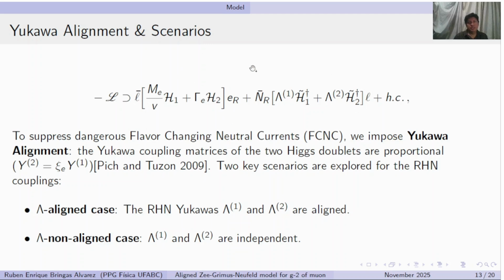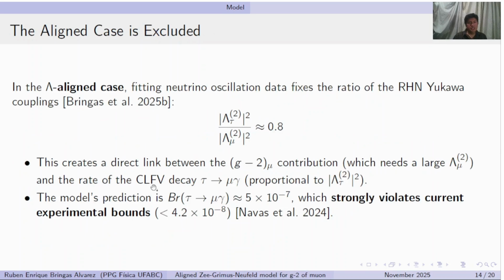What happens with this other interaction? Here we have two possible scenarios: the alignment case and the non-alignment case. What happens if we choose the alignment case?